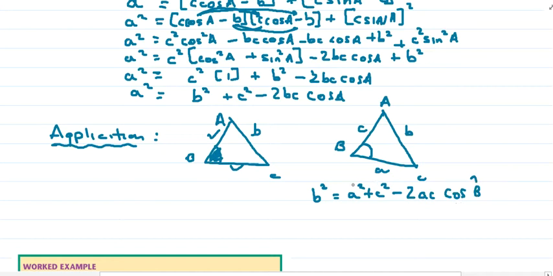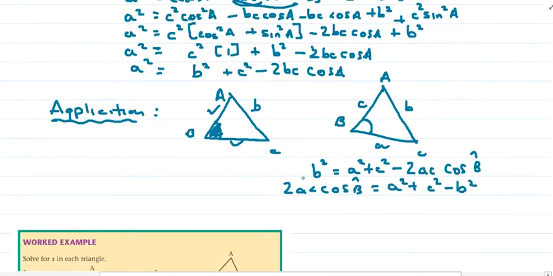Now if we're given the three sides, we can find angle B by simply transposing 2ac cos B onto the left hand side, and b squared onto the right hand side.